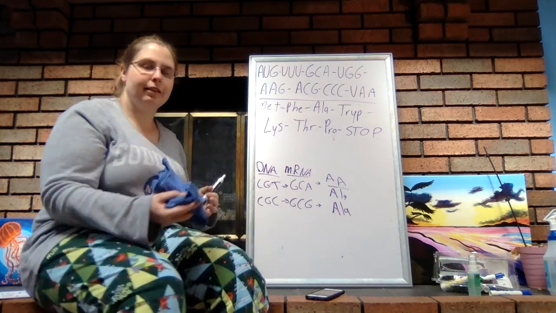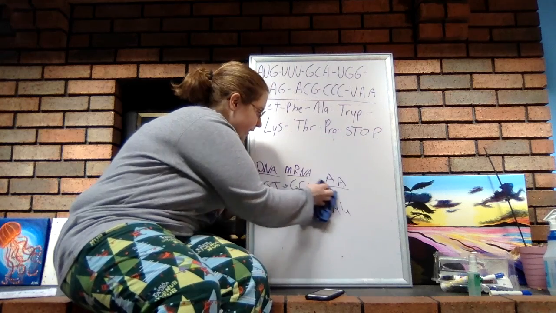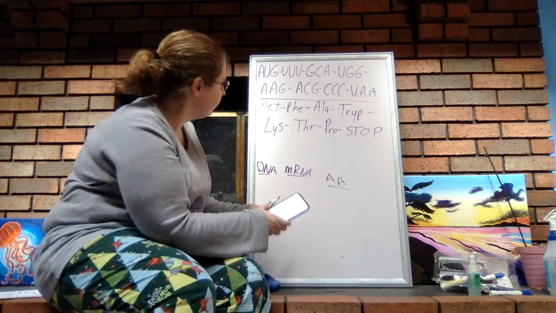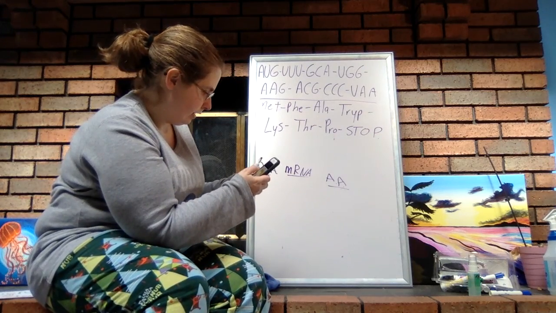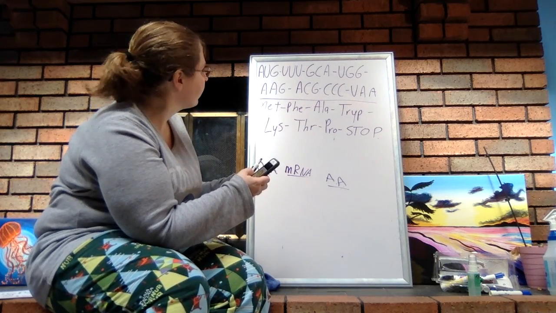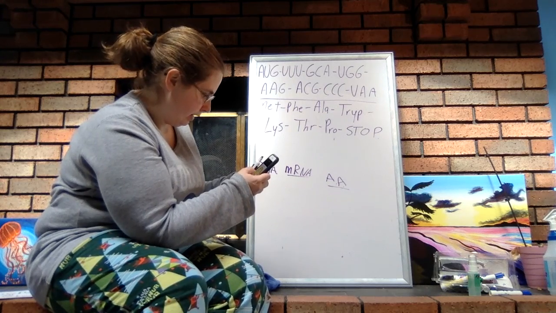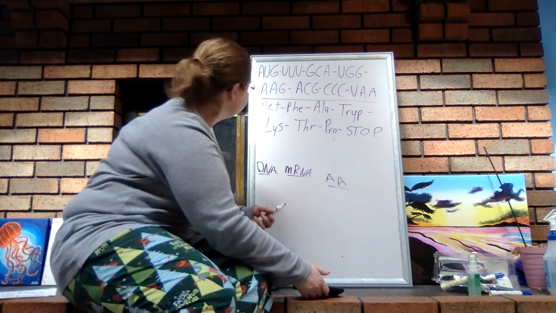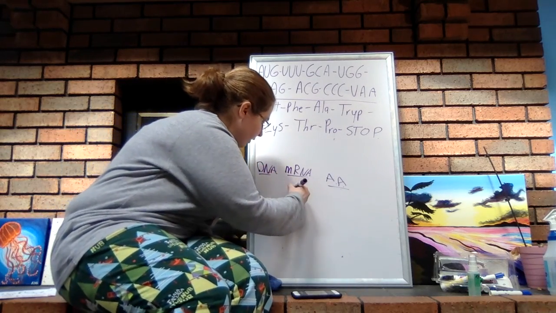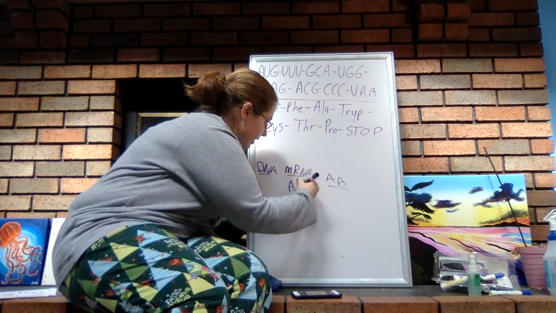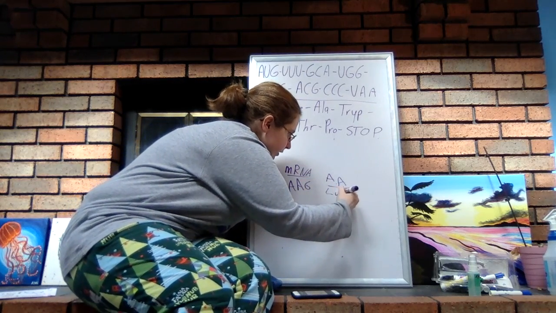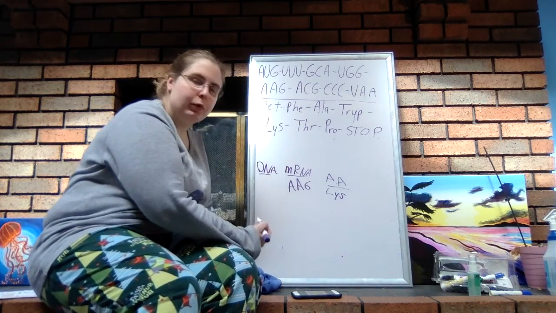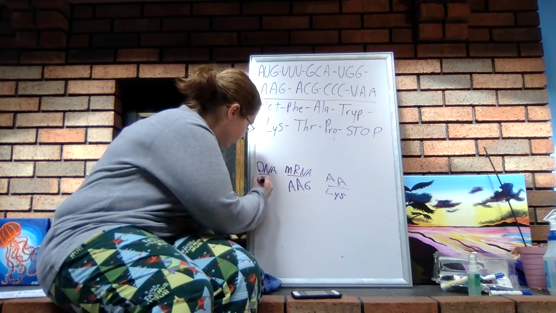However, that's not the only kind of point mutation we can have. Let's see, what would be a good one? So AAG. AAG is lysine. That means, again, complementary DNA would have had to be TTC.